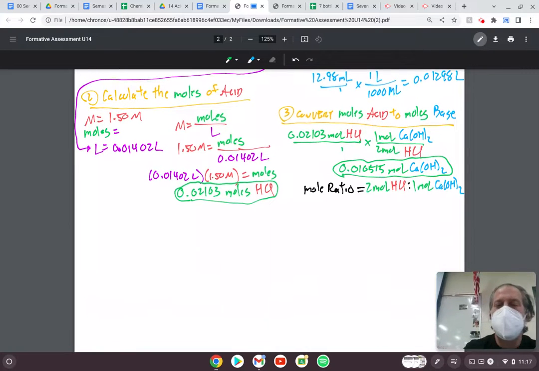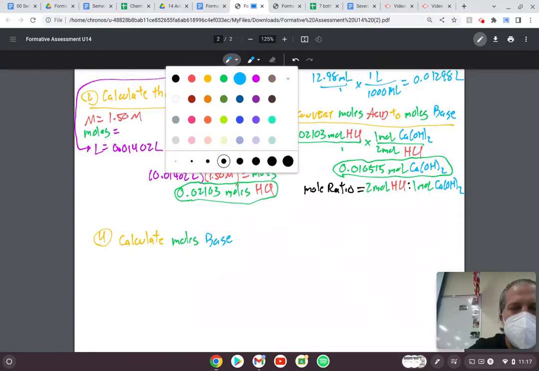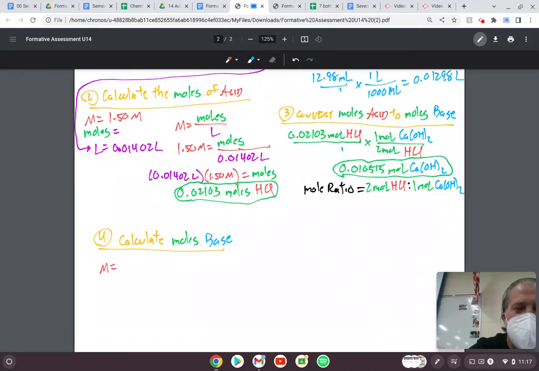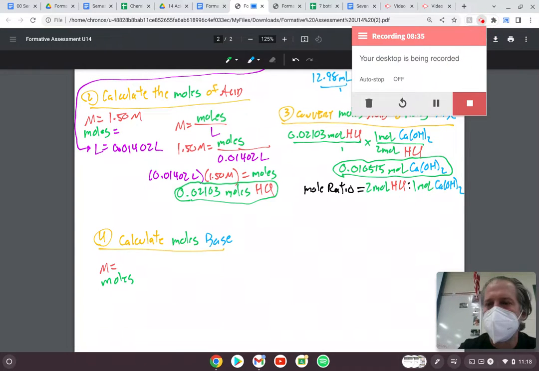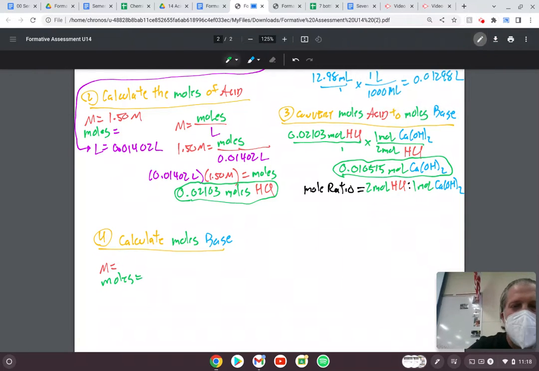And then our last step here is to calculate the molarity of the base. So that is still going to be a molarity style problem. So molarity will equal moles divided by volume.